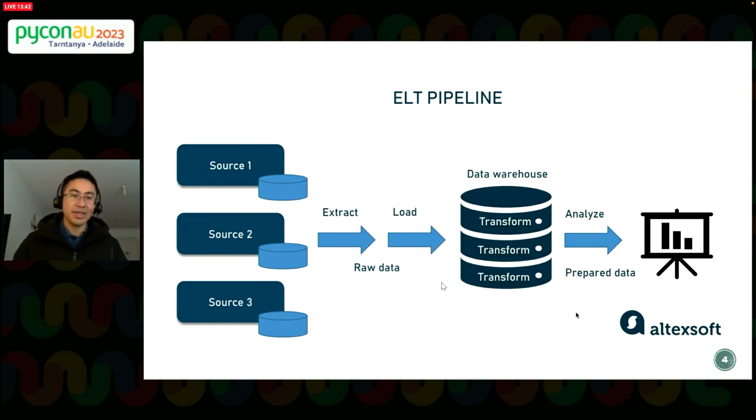The general idea here is we move the data from different sources, and then we extract and load it to a place, whether it is S3 or Azure storage, and then from that we can move it into a data warehouse, and in that we can use different tools to transform our data from raw data to clean data. After we have the clean data, we can serve it for downstream applications like building a BI dashboard or using it for our machine learning model.